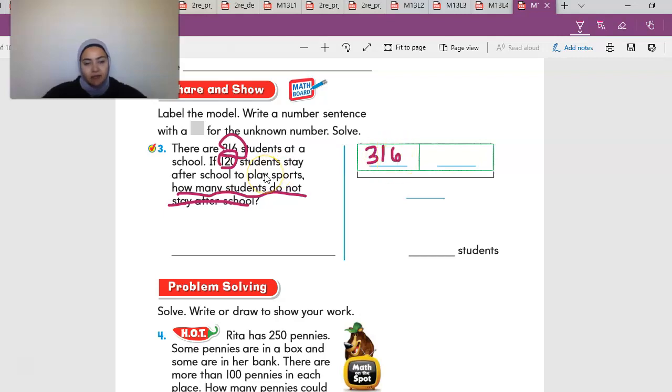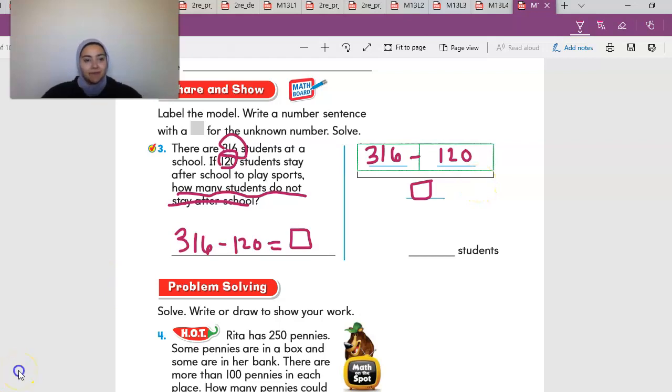If 120 students stay after school to play sports, so take away 120 because these guys are staying after school to play sports, how many do not play sports? So this is a simple problem. 316 students in all, take away 120 that will play sports equals how many do not play sports.